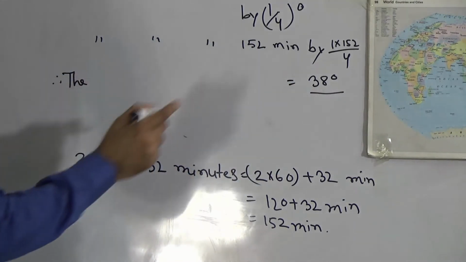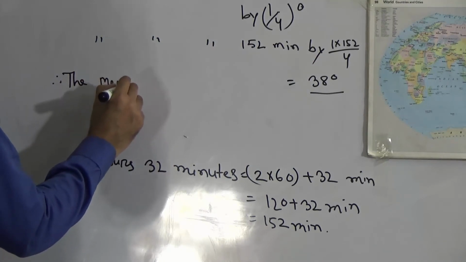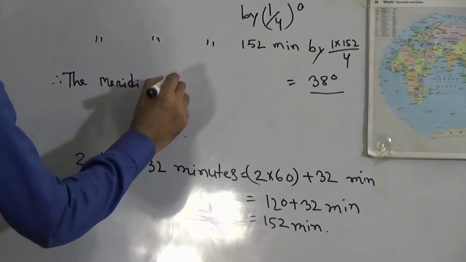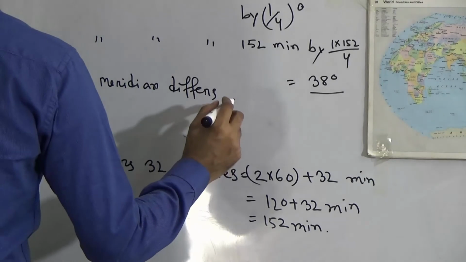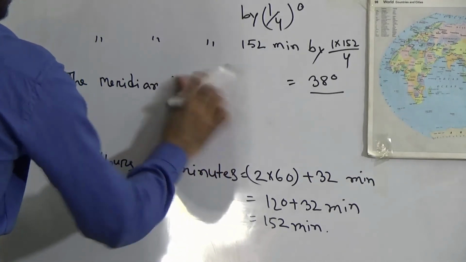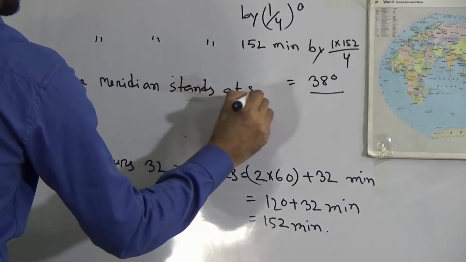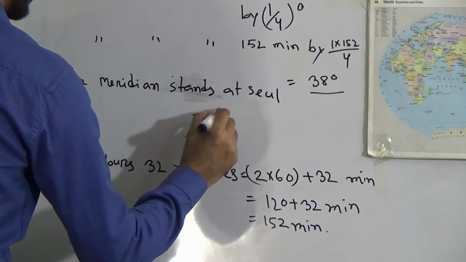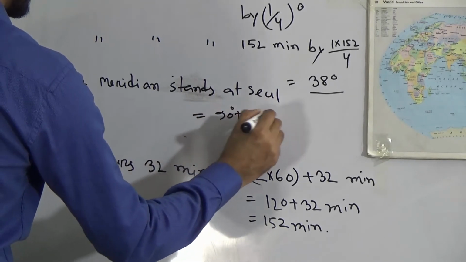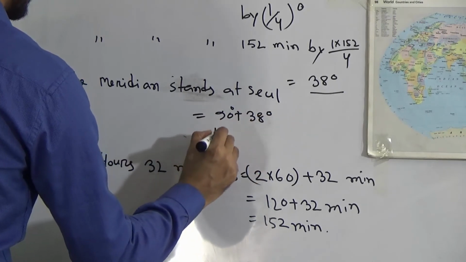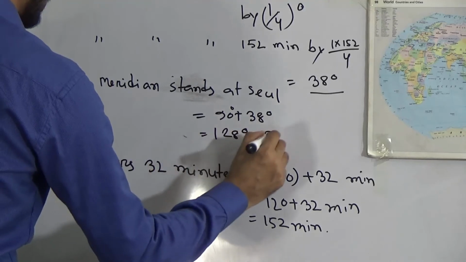So the meridian at Seoul equals 90 degrees plus 38 degrees equals 128 degrees east.